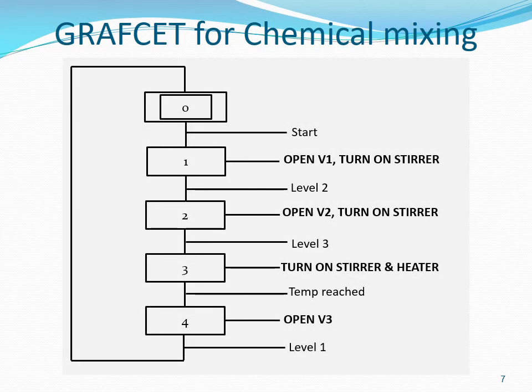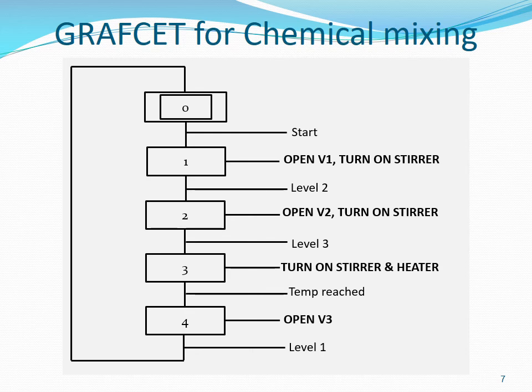As another example, let's look at the GRAFCET for a system that is used to mix 2 chemicals. The system begins off in an idle state, which is step number 0. When the start button is pressed, the system moves from step 0 to step 1.